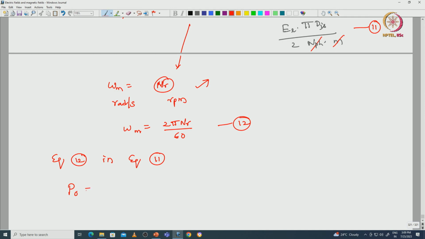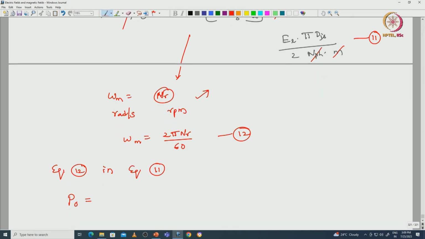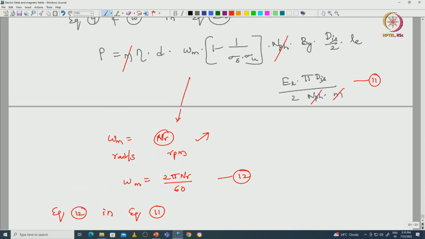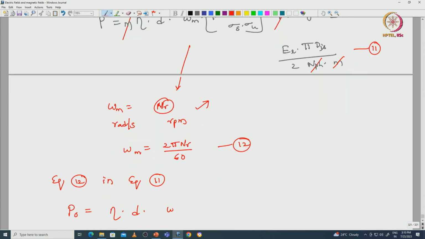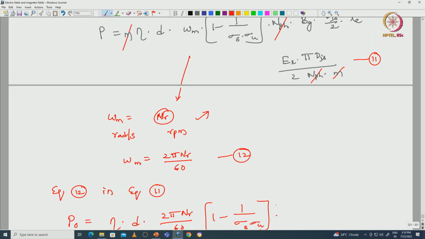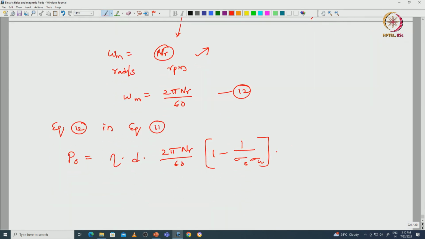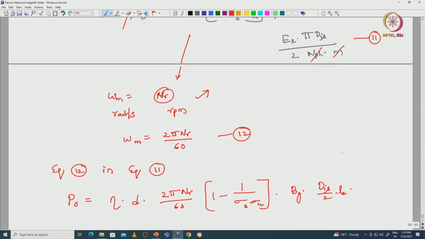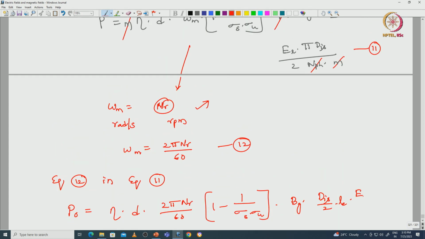Then the final power equation is P naught equals efficiency into duty cycle into omega m, which we are replacing with the rotor speed, 2 pi n r by 60, into 1 by 1 minus the inductance ratio product, into Vg into dis by 2 into Le, electric loading by 2 into pi dis.